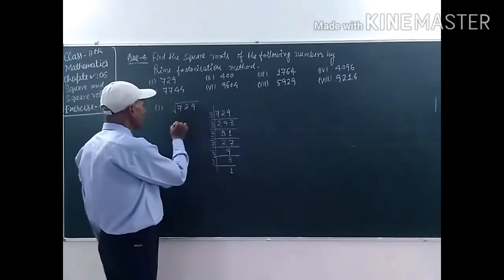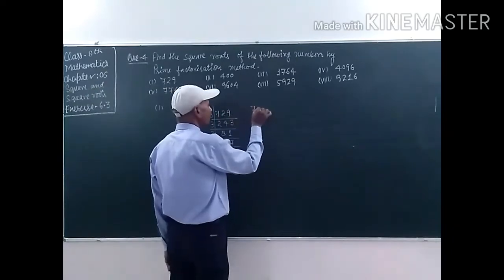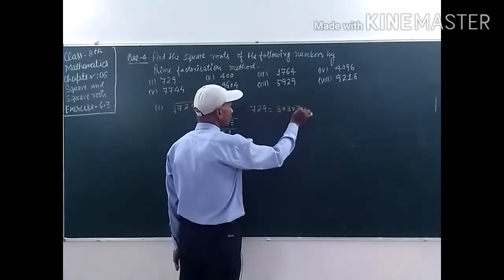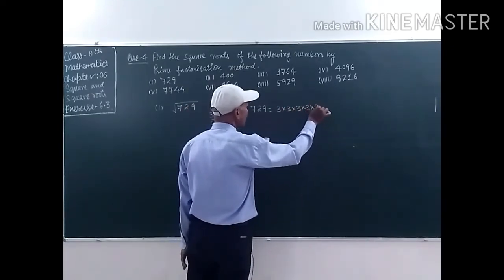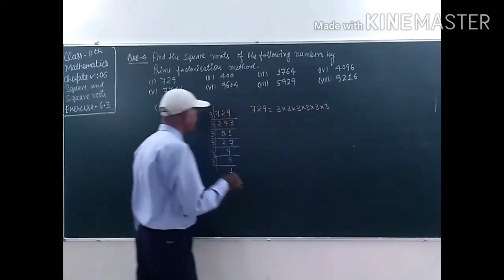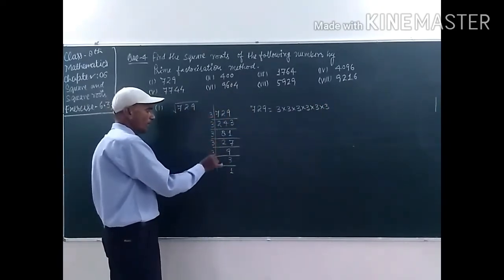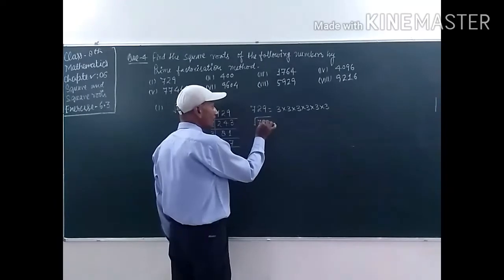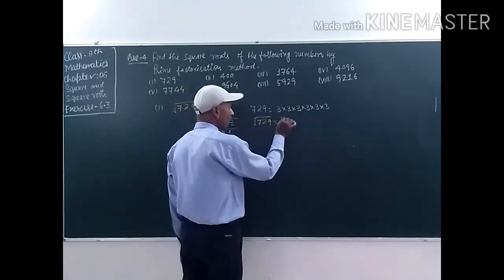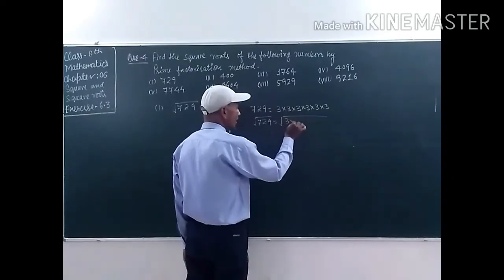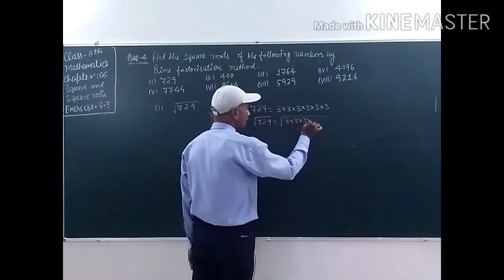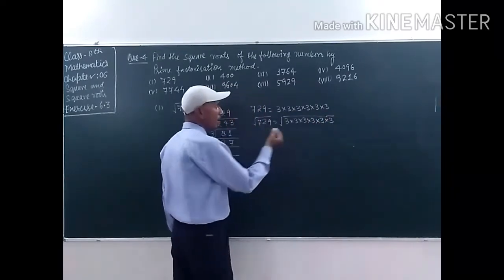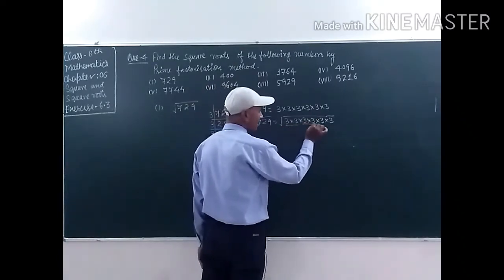Clear, students? So 729 is equal to 3 into 3 into 3 into 3 into 3 into 3, six times: 1, 2, 3, 4, 5, 6. Now we have to find the square root of 729, so we take the square root of these prime factors. Now we make pairs of the prime factors.